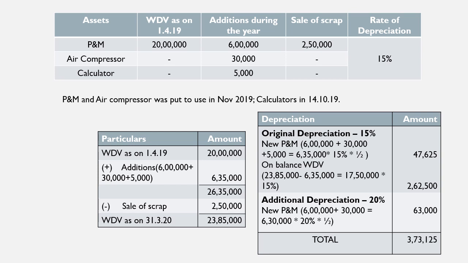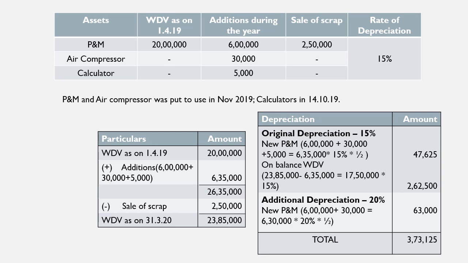And so, if you look into this illustration, the plant and machinery, the air compressor and the calculator, all the three newly bought assets are used for less than 180 days. And so, only half depreciation will be calculated.